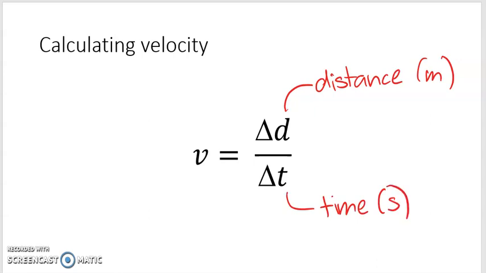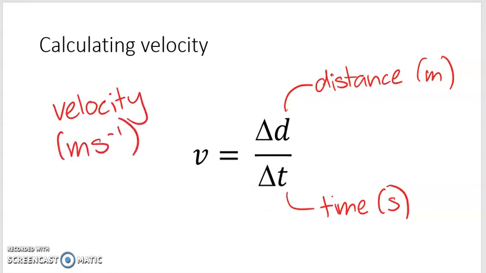Since velocity measures distance per time, we simply divide the distance by the time. This will tell us the velocity in metres per second, or metres divided by seconds.